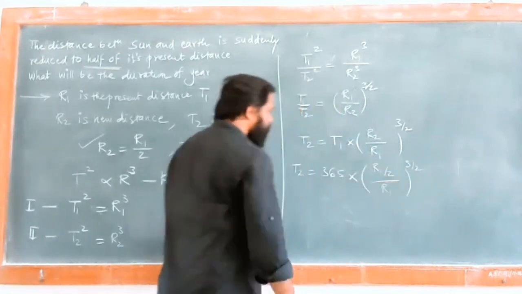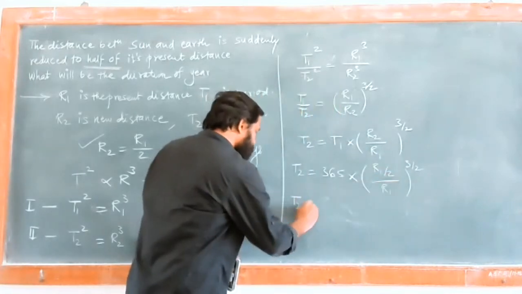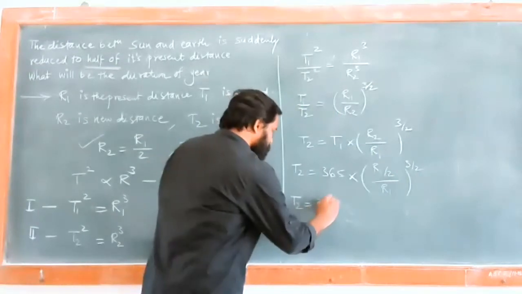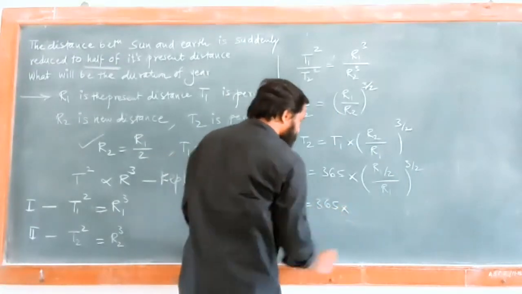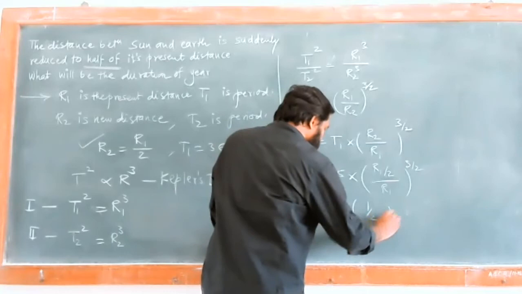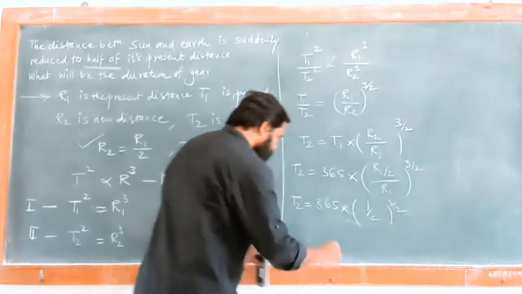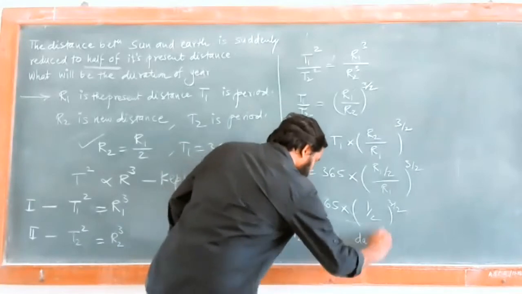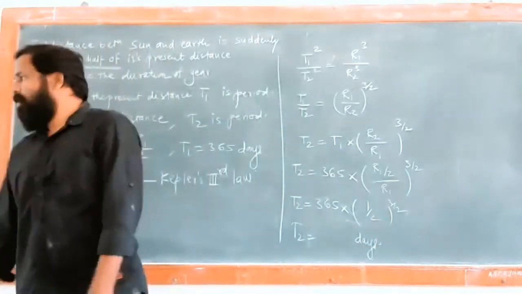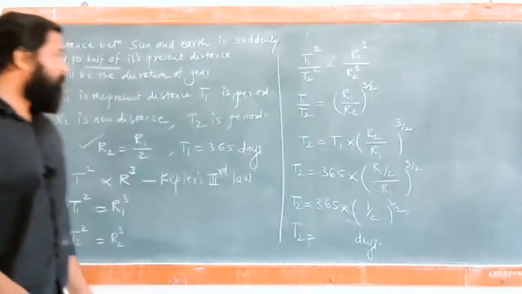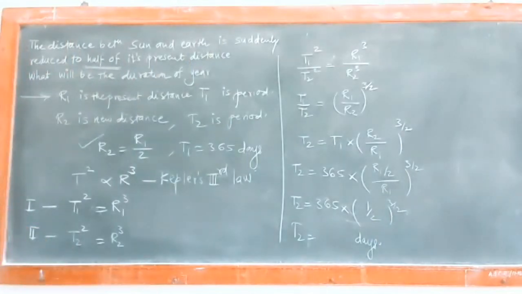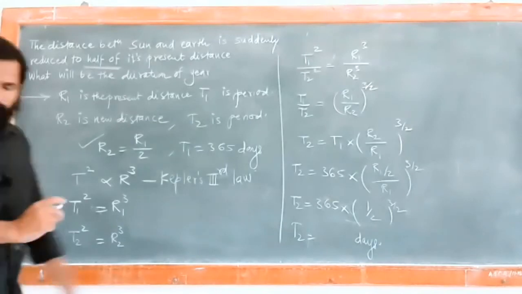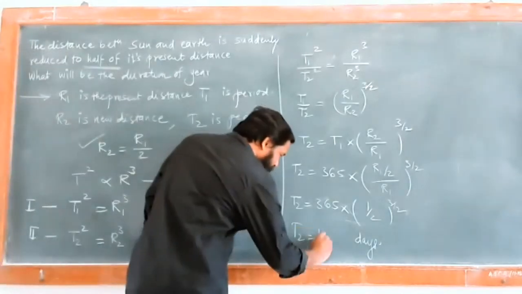The r1 we can cancel out, and we get t2 equal to 365 multiplied by 1 half raised to 3 by 2. Calculating it, that value comes out to be, I think, 129 days.